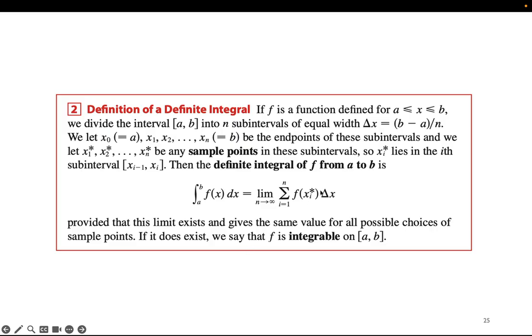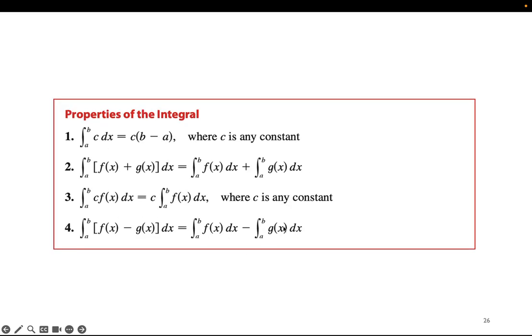And if this limit exists, then we say that the function is integrable. So again, all we want to think about is that this symbol represents the area under the curve. And this is called the definite integral.